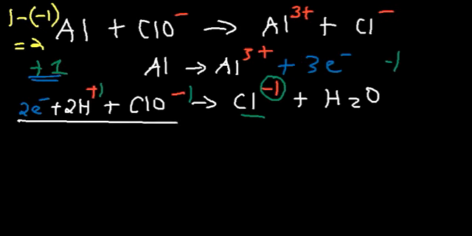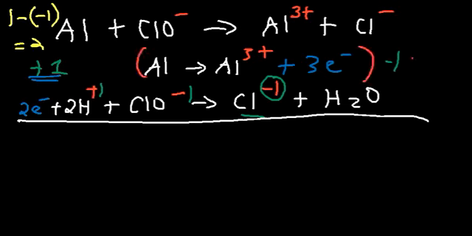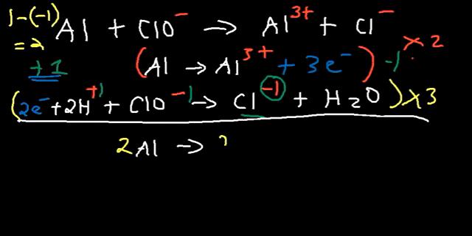Next we need to make sure the number of electrons is equal. As we said before, the least common multiple of 2 and 3 is 6. So we multiply the aluminum equation by 2 and the hypochlorite equation by 3 so we can get 6 electrons in each. Let's rewrite what we have: 2Al yields 2Al3+ with 6 electrons.